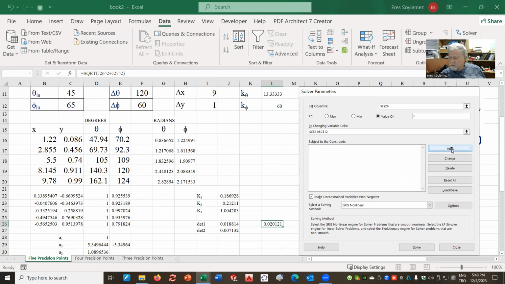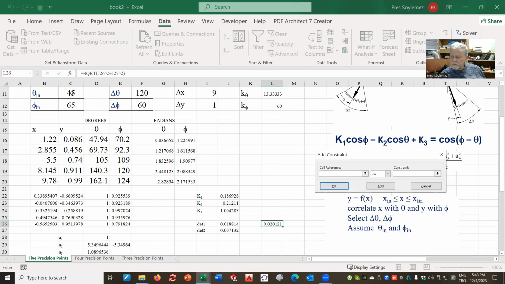In the previous case, I haven't added, but it's preferable to add. Make this cell 1, especially if you are using evolutionary, you have to do this, because it has to be in between 0 and 360 degrees. Add, any angle is a variable that must be in between 0 and 360 degrees.